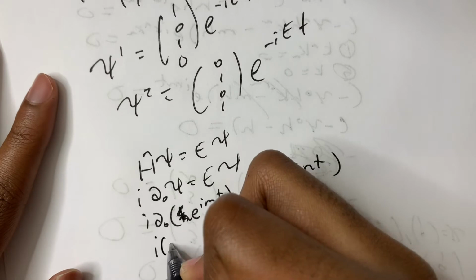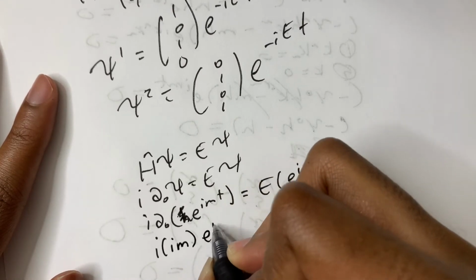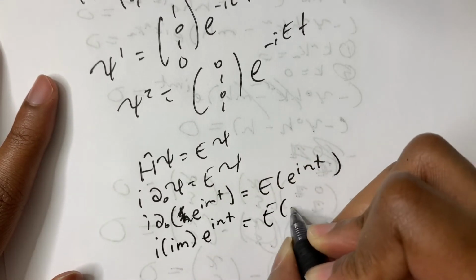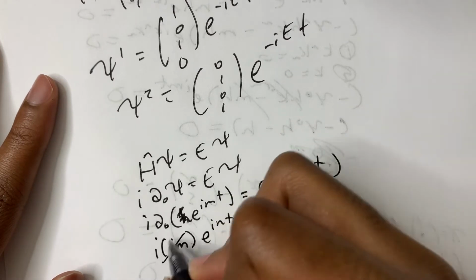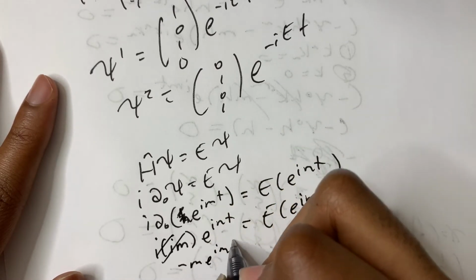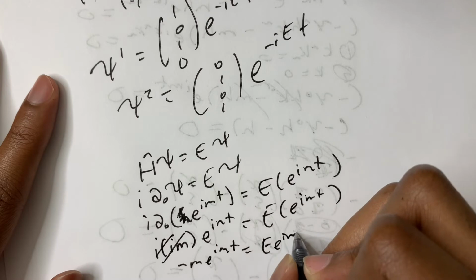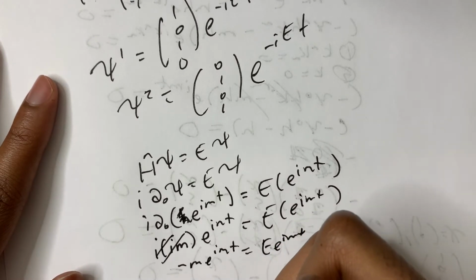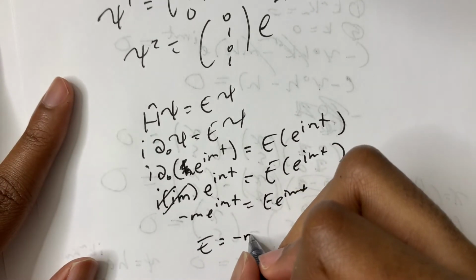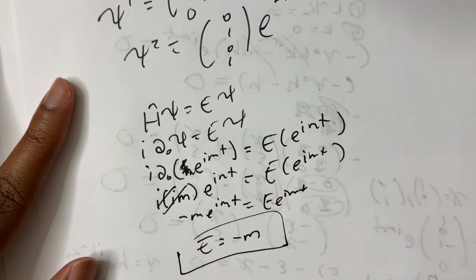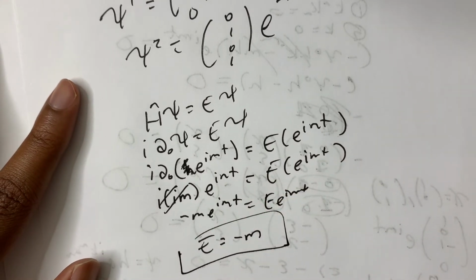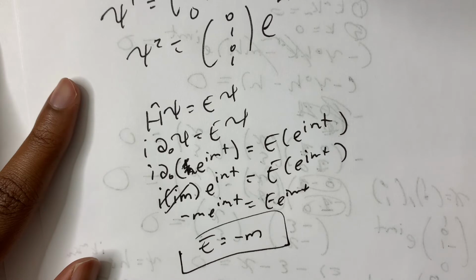So this is just going to be im e to the imt, E times e to the imt, minus m e to the imt equals e to the imt. So E equals what? Minus m. Did we do anything wrong here? E equals minus m. What? Negative energy? No, we did not do anything wrong here.